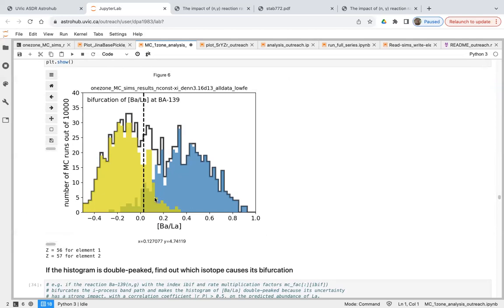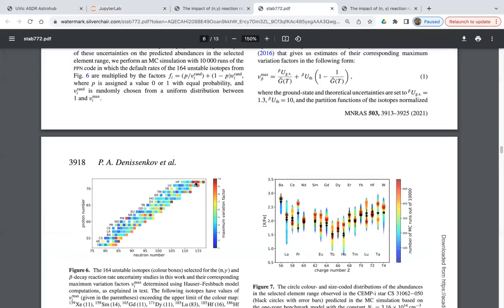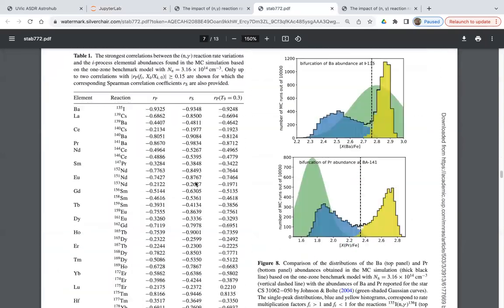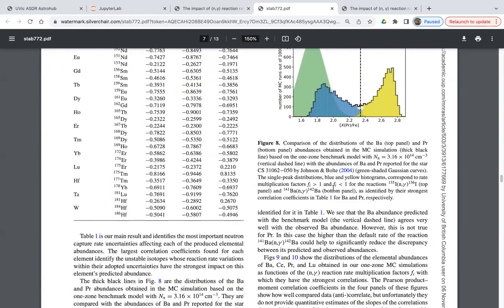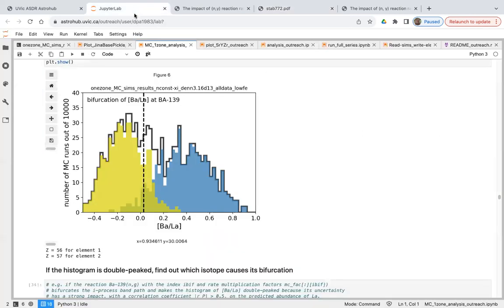This means that when we increase this rate, the lanthanum goes down. So I just have to check in the paper. Blue and yellow histograms correspond to rate multiplication factors for the reaction barium-139: blue above 1 and yellow below 1.